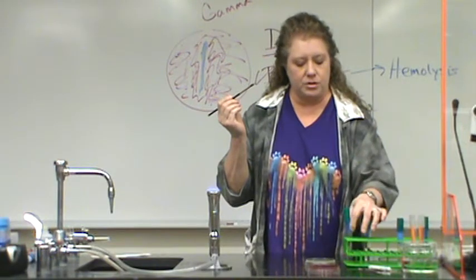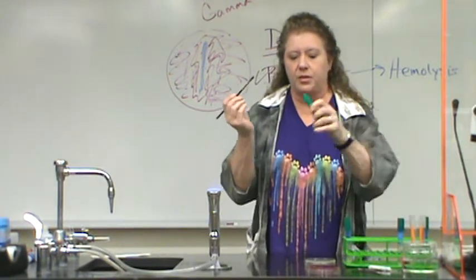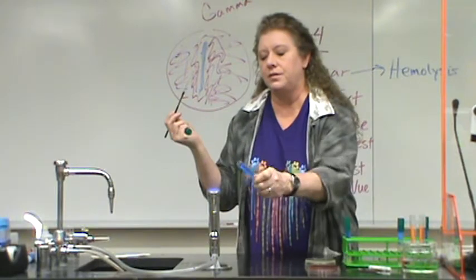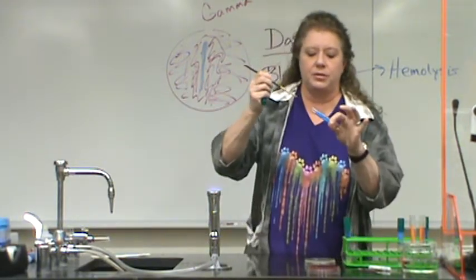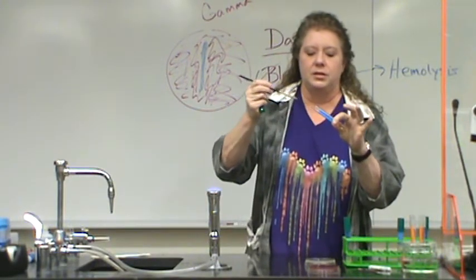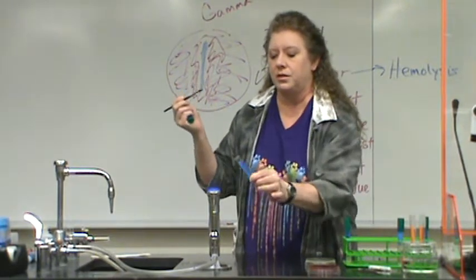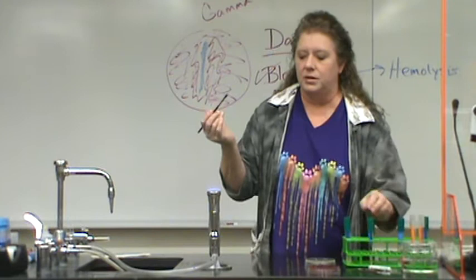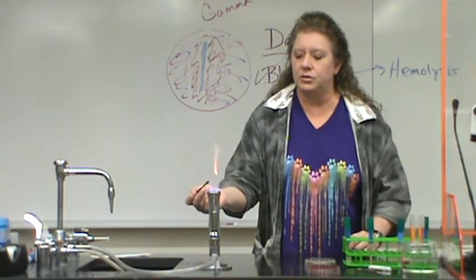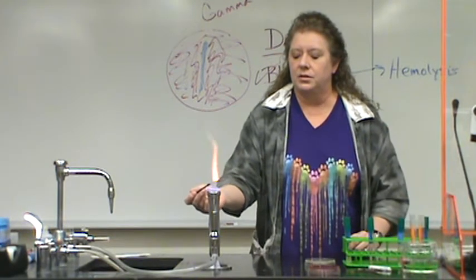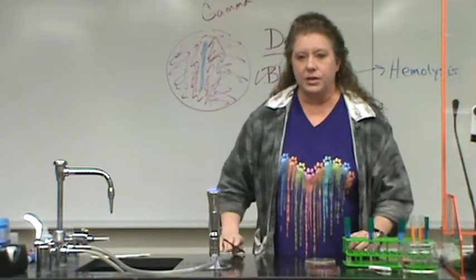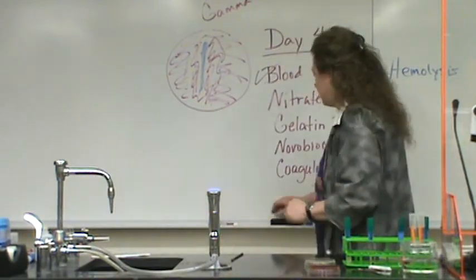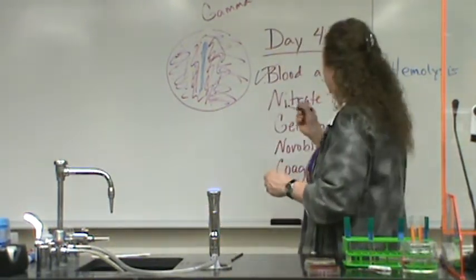Pick up your nitrate broth. Take the lid off. Flame the top. Go in. Inoculate the broth. Flame the top. Now you've inoculated your nitrate broth. Make sure you sterilize your loop. Okay, so you have completed the nitrate broth inoculation.